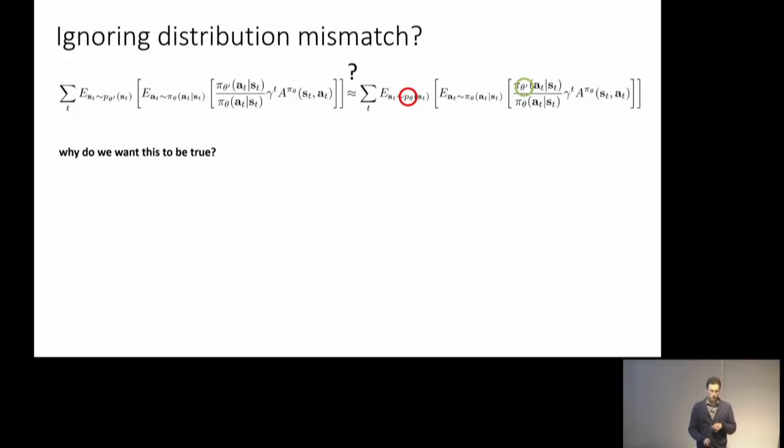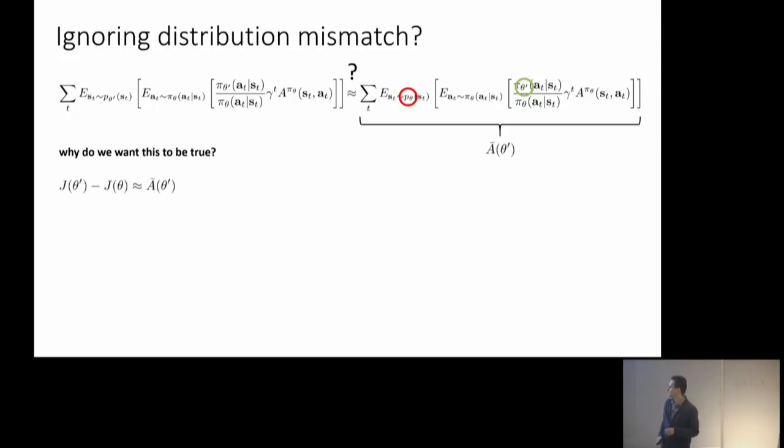So why do we want this to be true? Well, if it's true, then this thing, I'm going to call it A bar theta prime, just so that I don't have to write out this massive monstrosity every time. If this is true, then we have J theta prime minus J theta is approximately equal to A bar theta prime, which means that we can find our theta prime, this should be a theta prime, by taking the argmax of this thing.